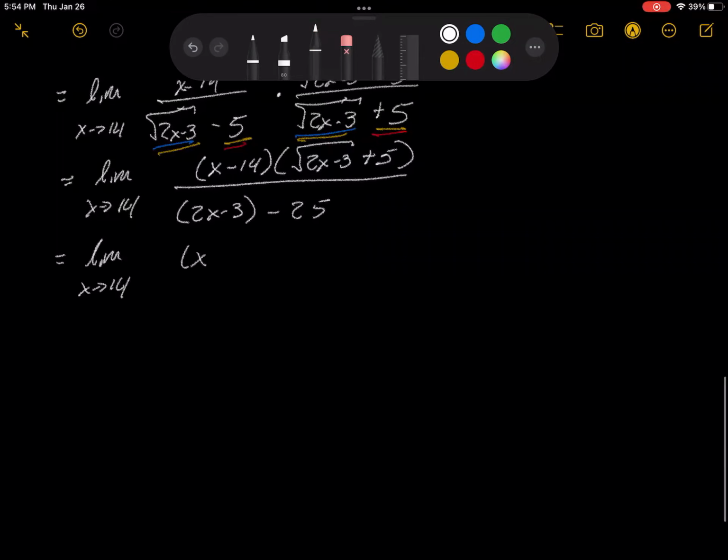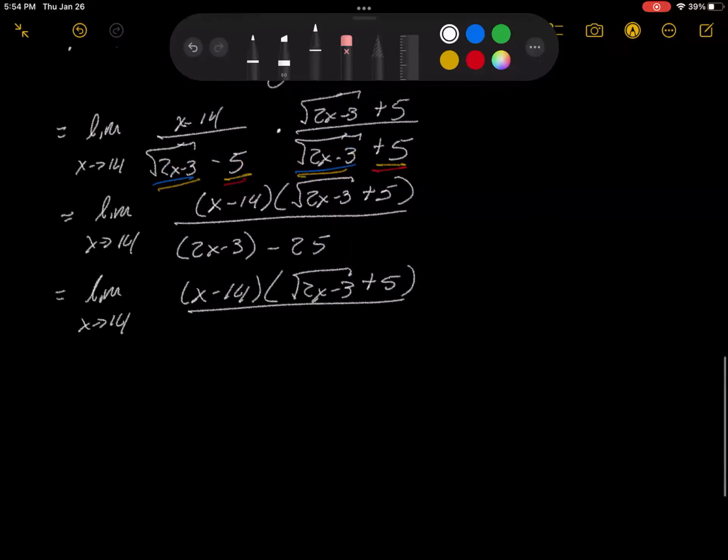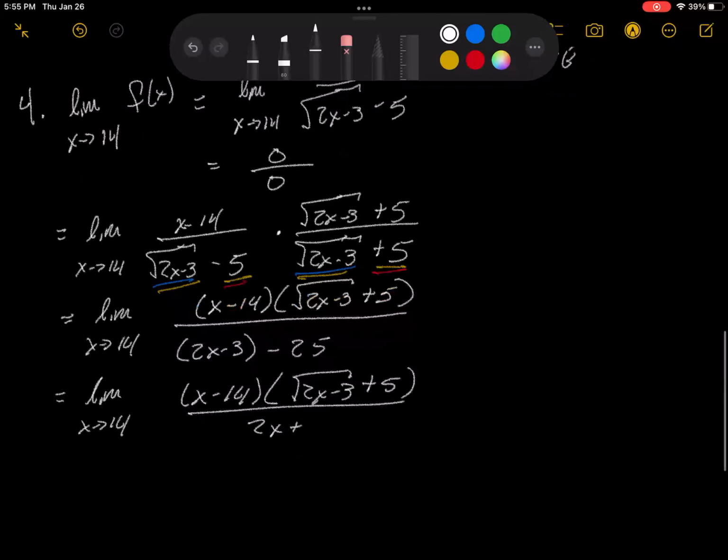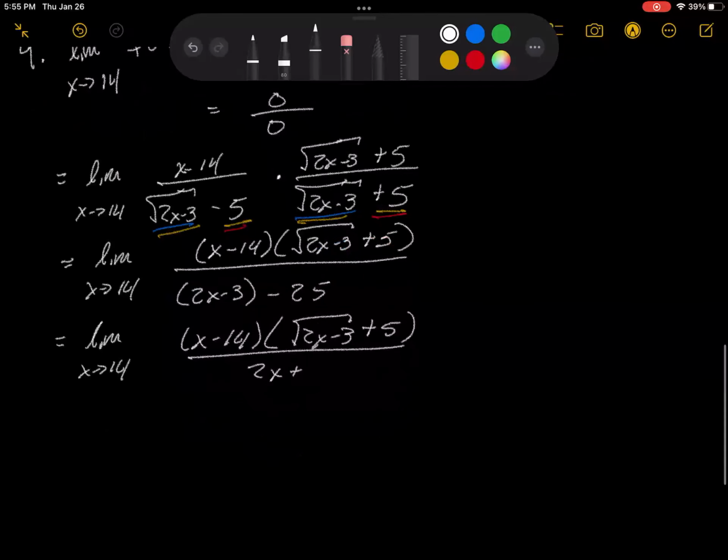My numerator will stay the same, but there's simplification in our denominator. 2x minus 3 minus 25 gives us, oh, no, not plus, it should be 2x minus 28.